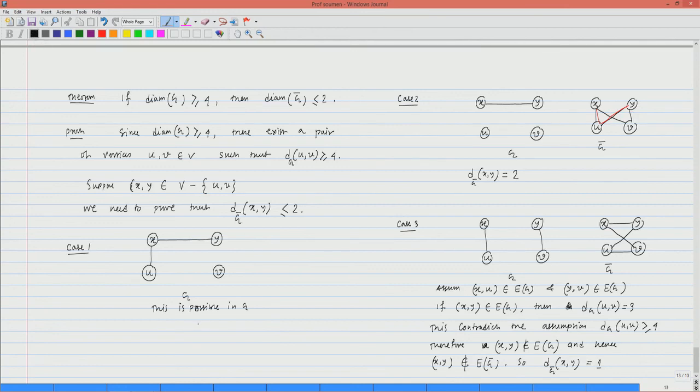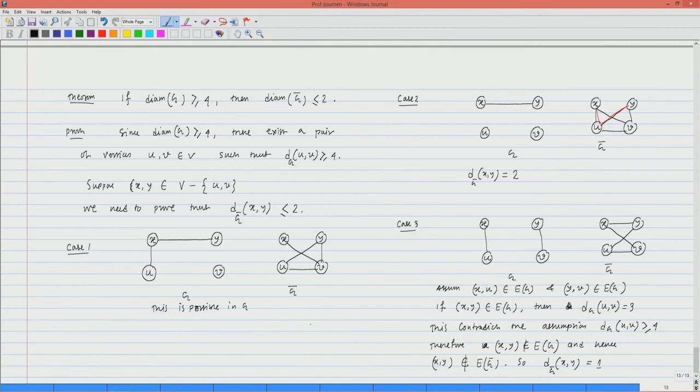In case 1 also, this is G, and in G complement it will be like this, x y u v. So, y is neither adjacent to u nor adjacent to v in G. So, y will be adjacent to u and v in G complement, and x will be adjacent to v, and of course, this will be there.